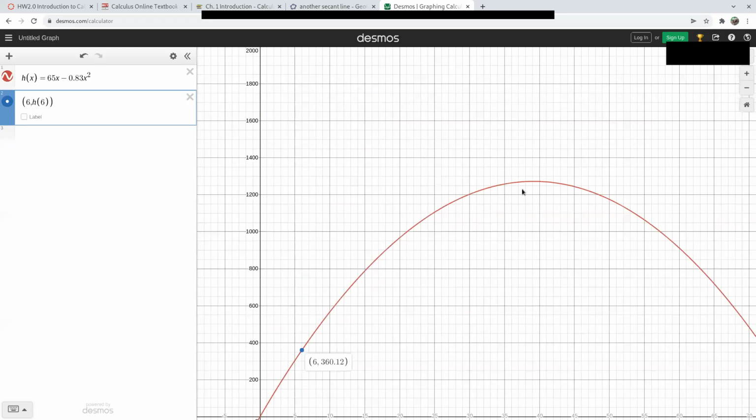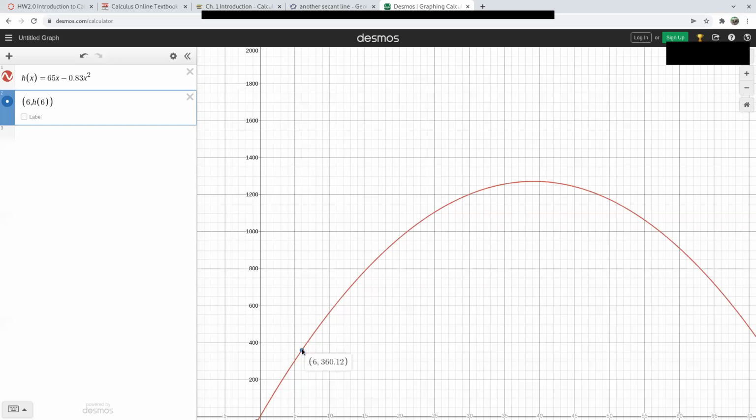It's only the height of the arrow at so many seconds in. So 6 seconds in, it's at 360 meters. And somewhere around 40 seconds in, it's up here at a little over 1,300 meters high. But the horizontal axis is not distance from the person shooting it. This is just height versus time.